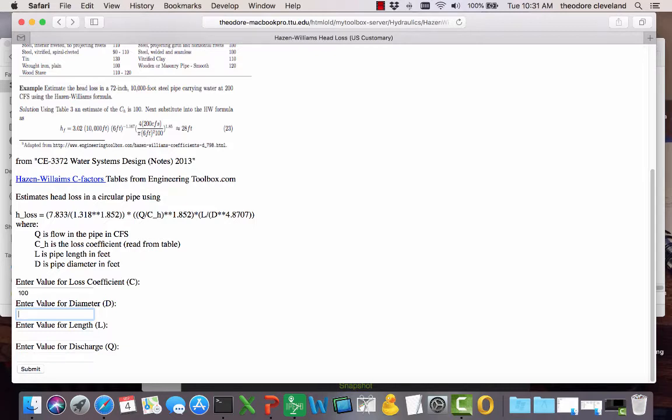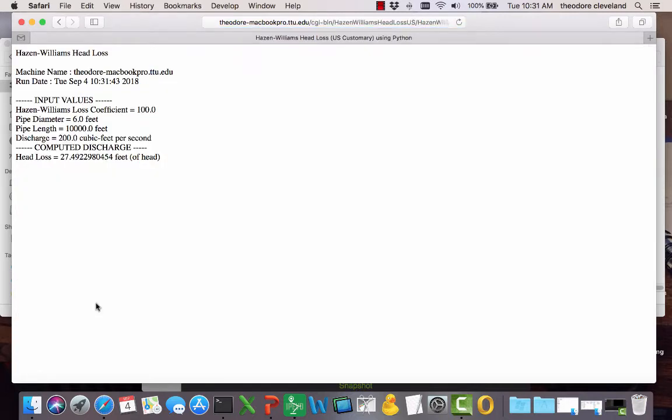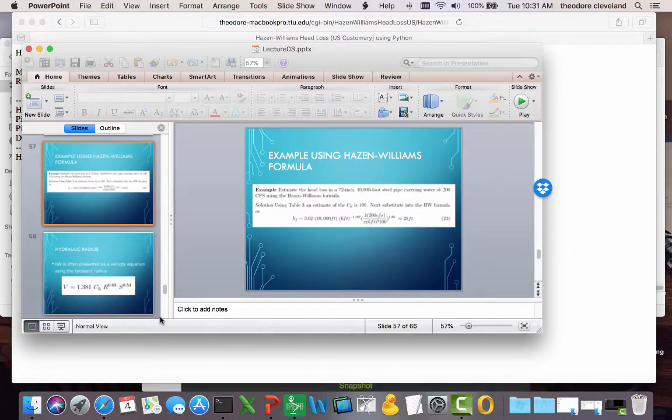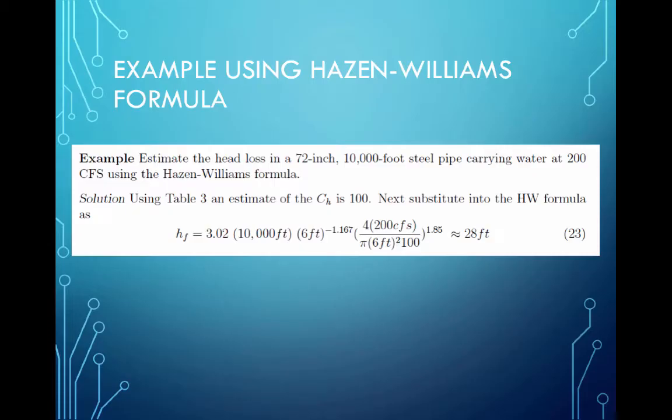Diameter was 6 feet. The length was 10,000 feet, and the supplied discharge was 200 cubic feet per second. And so the computed head loss is 27 feet. And when we return to the PowerPoint, essentially the same number, 28 feet.